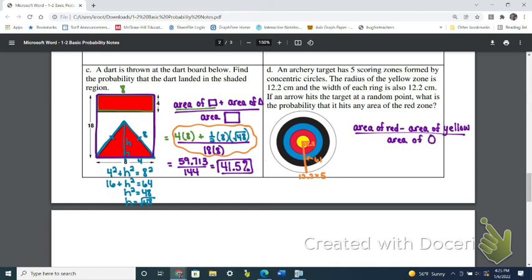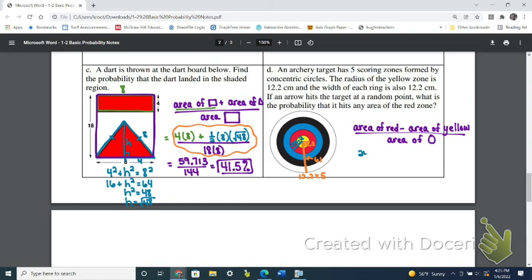So the red area, let me pick a good color. The radius of that circle is 12.2 plus another 12.2, so that is 24.4.